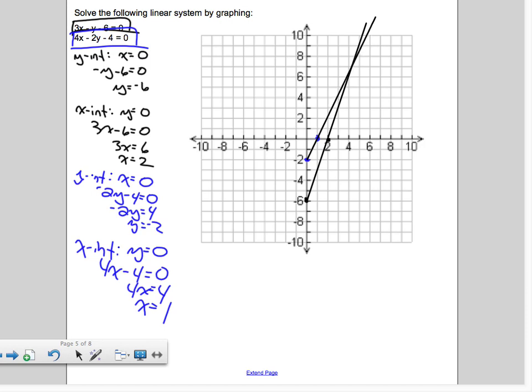So the line looks something like that. Okay, so that's why it's very important to plot your points as accurately as you can and draw straight lines. Else you can't tell exactly where they should be intersecting.